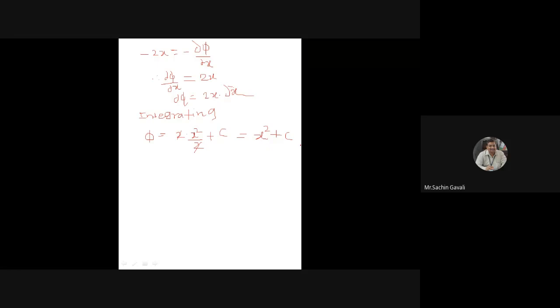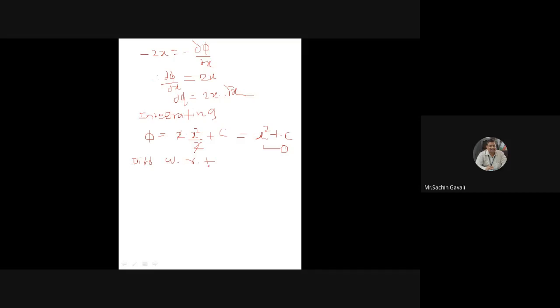Okay, now I will determine this c, and therefore what I will do is differentiate with respect to y. Now this phi we got is a function of only x, but we want it also in terms of y.